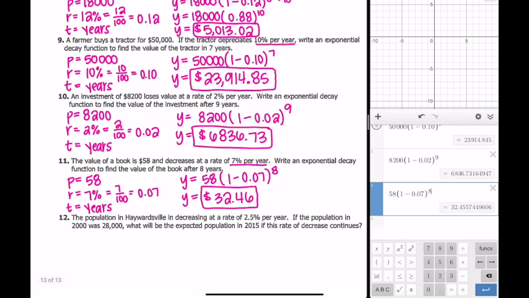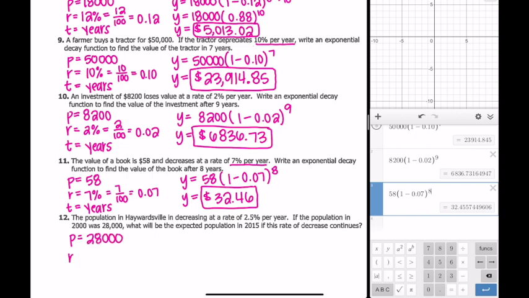Number 12, the population in Haywardsville is decreasing at a rate of 2.5% per year. If the population in 2000 was 28,000, what will be the expected population in 2015 if that rate of decrease continues? Okay, so this one's worded a little bit differently, but it's the same process. The population, the initial amount of people, was 28,000.